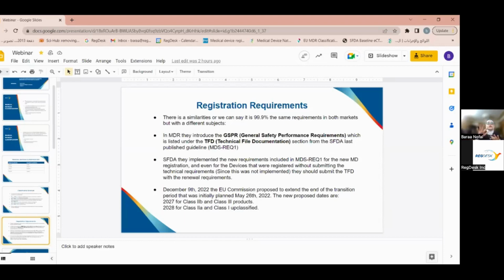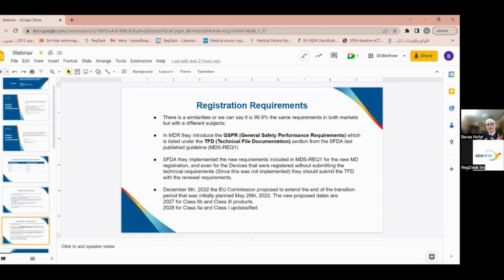For example, when I read the MDR, they have GSPR, which is the General Safety and Performance Requirements, listed in the technical file and exactly in the essential principles. In Saudi FDA, they have essential principles for safety and efficacy.